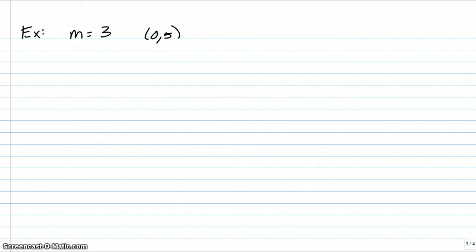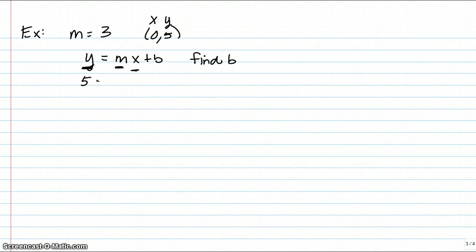So let's try another one. Let's just say the slope is 3 and there's a point of (0, 5). So I would start with y equals mx plus b. Since we're finding the y-intercept, that is the same thing as finding b. We need to replace the y, the m, and the x in the equation. Well, the m is definitely 3, so that means x is 0 and y is 5.